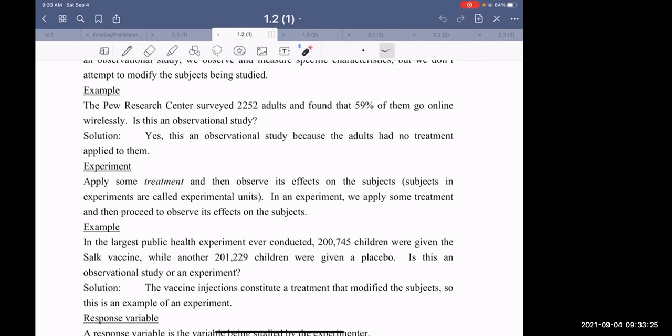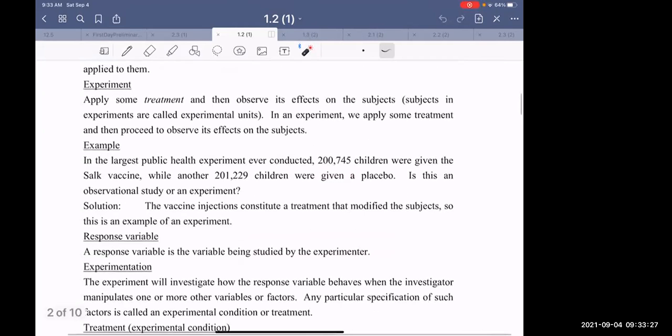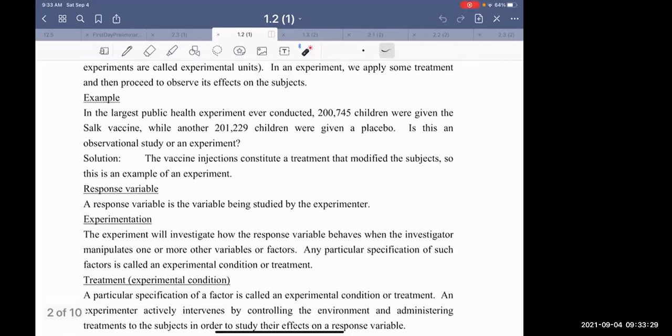Okay, good. So, a response variable. The response variable is the variable being studied by the experimenter. So an experiment investigates how the response variable behaves when the investigator manipulates one or more of these factors.